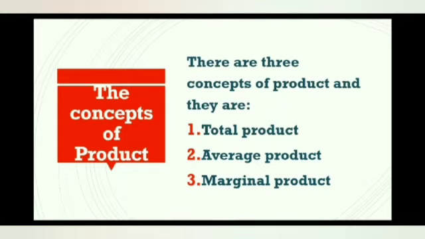Average product is the per unit total product of variable factors. It is calculated by dividing the total product by the units of variable factor. Marginal product can be defined as the increase in total product when employment of the variable input is increased by 1 unit, keeping all other inputs constant.